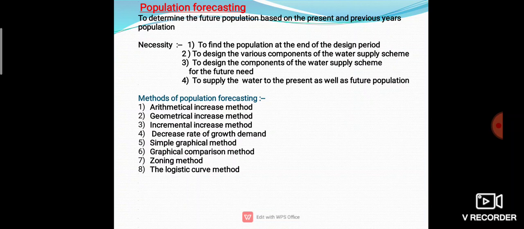So all components of a water supply scheme, once constructed, cannot be made larger or replaced again. Hence various components of water supply schemes are designed for the end of the design period.